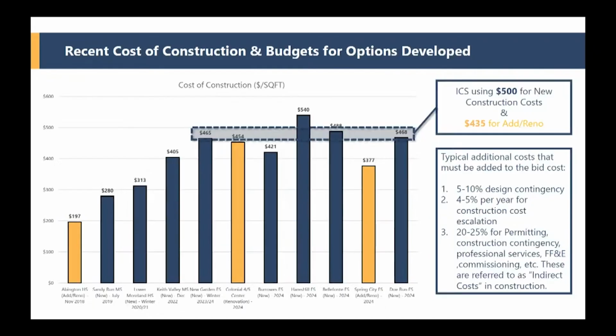So then from the square footage that was developed, we're looking at costs. And what you're seeing here is a pretty steep escalation in costs. Pre-COVID, this is 2018, and these orange bars reflect renovation additions, and the blue bars reflect new construction. These are all school buildings in Southeast PA. So this is really what you would compare against.